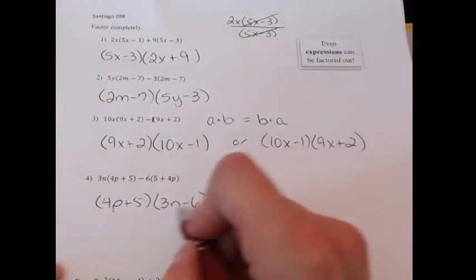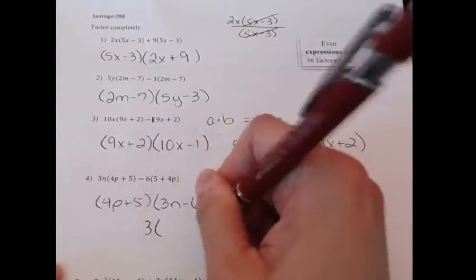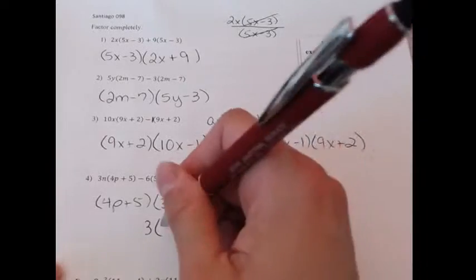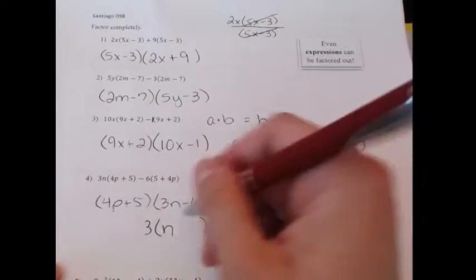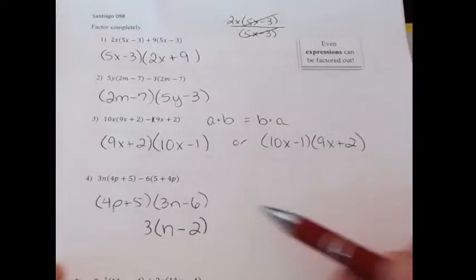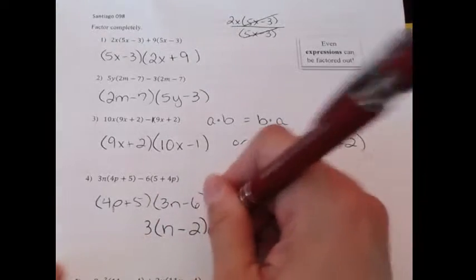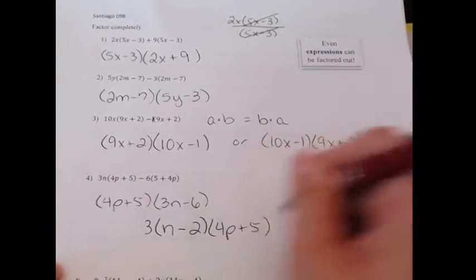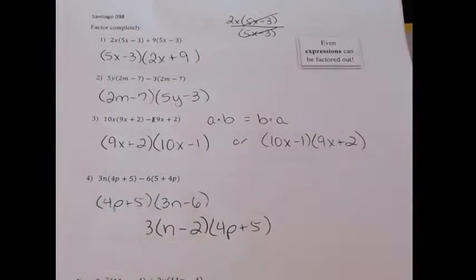So if I divide a 3 out of both of those terms, 3n divided by 3 is n, -6 divided by 3 is -2, and then I still have the 4p plus 5, so let's write that at the end, and that is our final answer. Nice job. Excellent, Doc. That was perfect. Your order is a little different from mine, but they are the same.